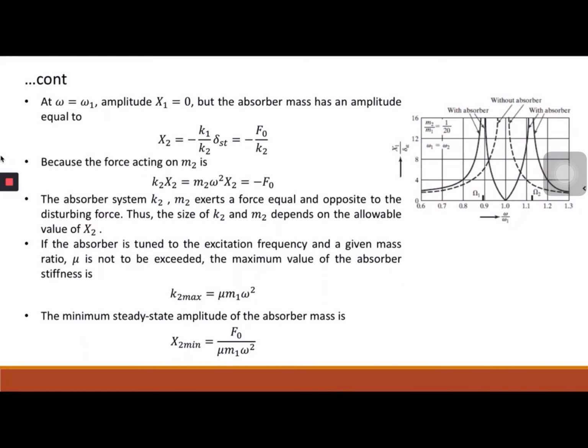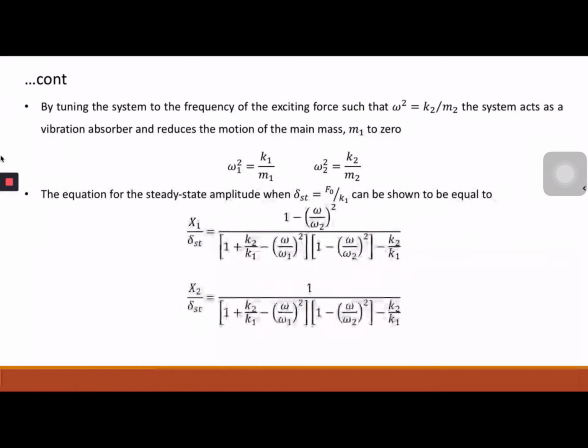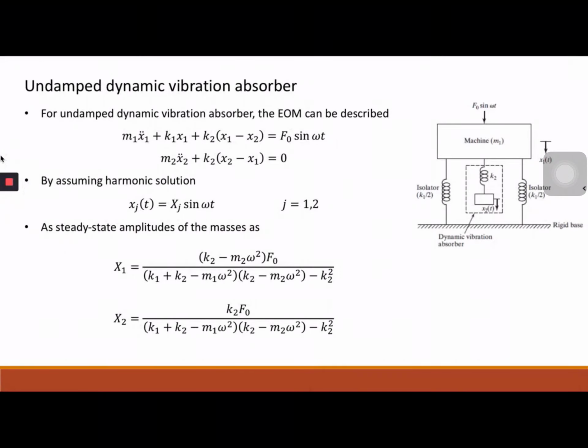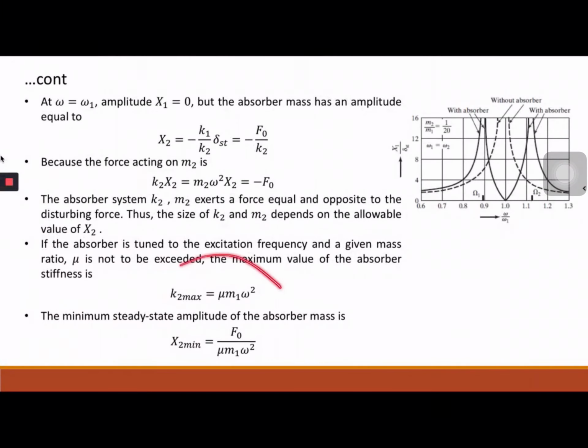For the maximum value of the stiffness k2 we can rely on this equation, and for the minimum steady state we can rely on this equation. This is for an undamped dynamic vibration absorber. You can refer to this equation and this equation for the parameters of the vibration absorber.